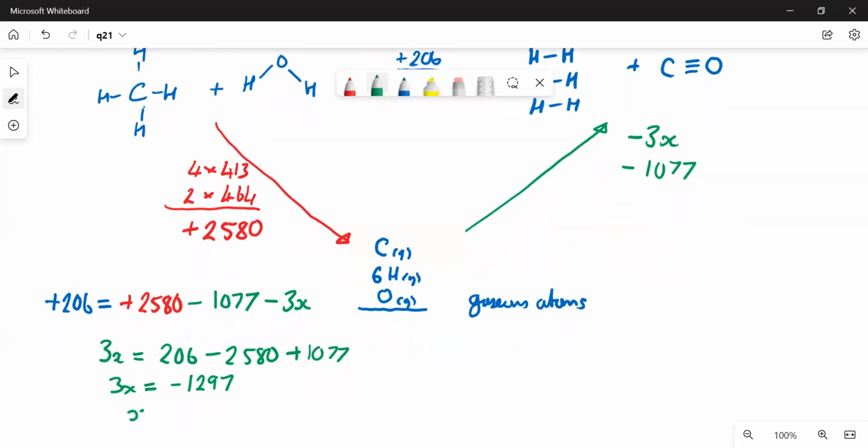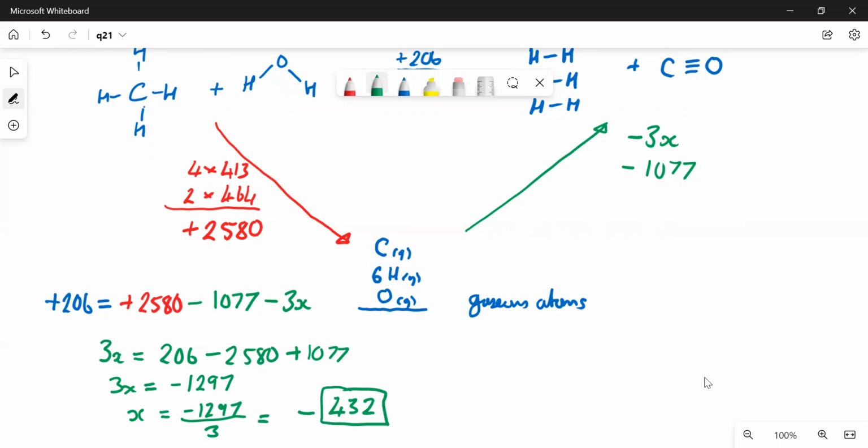So x is equal to 1297 over 3. And that gives us minus 432. The minus sign is because we are making the bond there, so it's exothermic. So our answer is 432 kilojoules per mole.